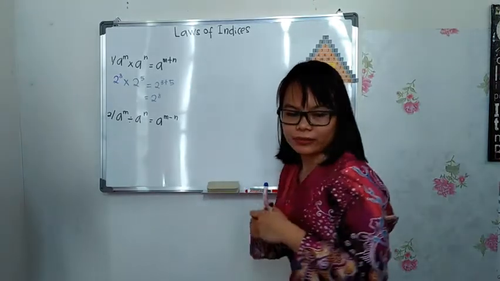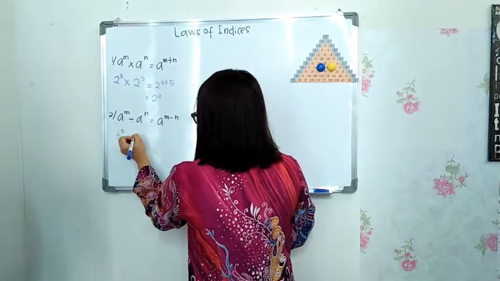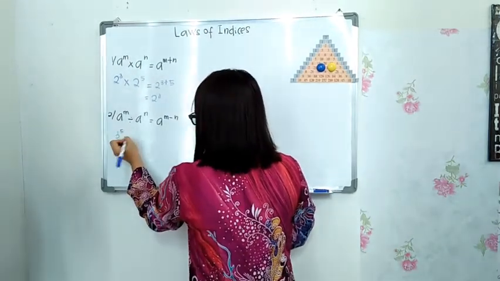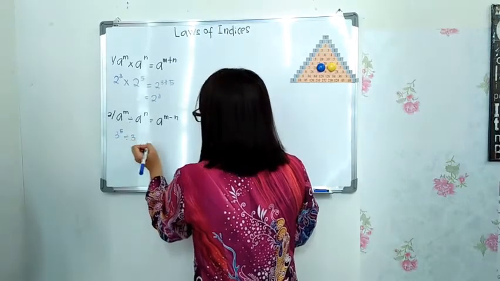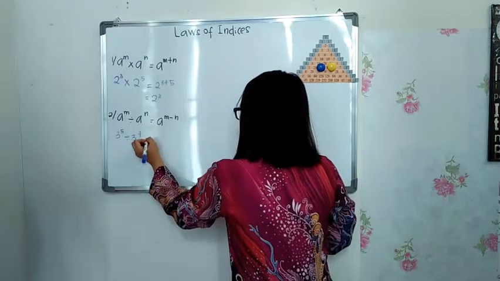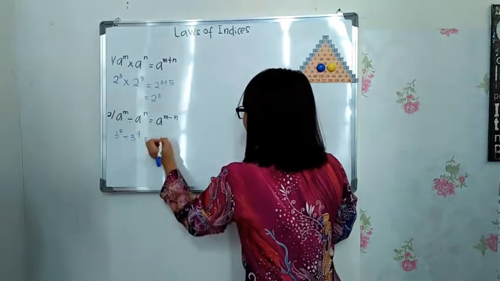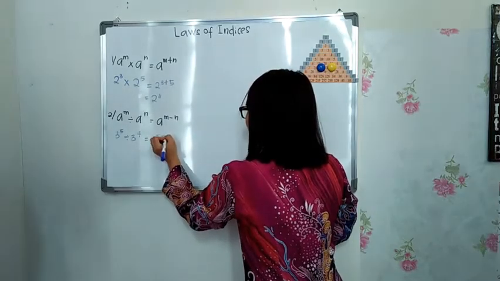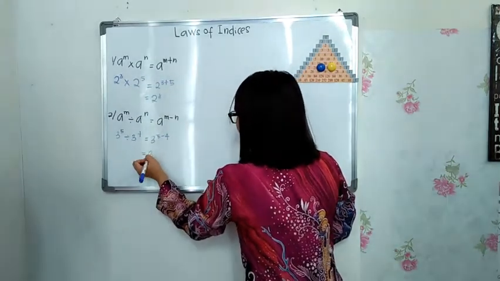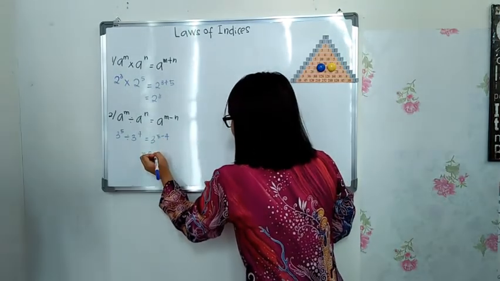For example, 3 to the power of 5 divide 3 to the power of 4, we will get 3 to the power of 5 minus 4.